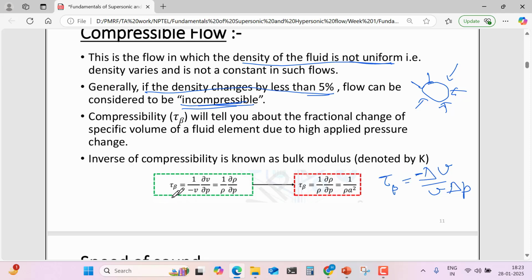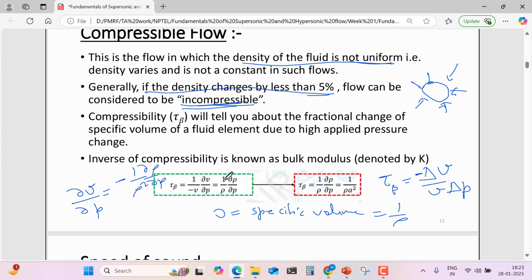So in terms of derivative, tau beta equal to minus 1 by V dV by dP. Here V is the specific volume. So this is equal to 1 by rho. If we substitute it here, then dV by dP will be equal to minus 1 by rho square d rho by dP.